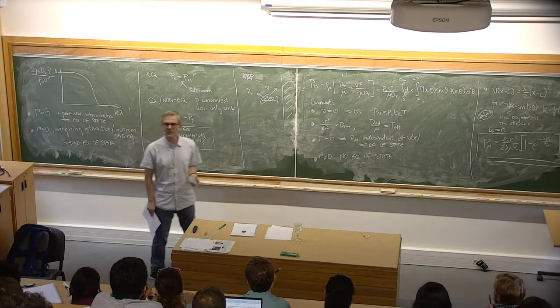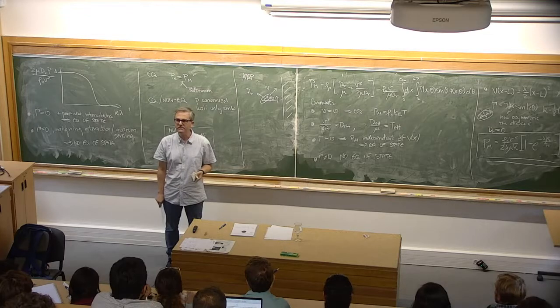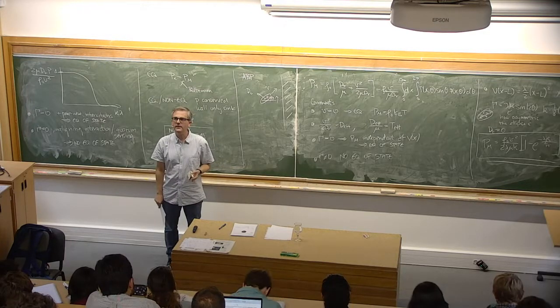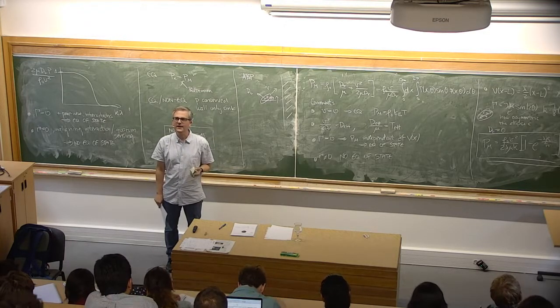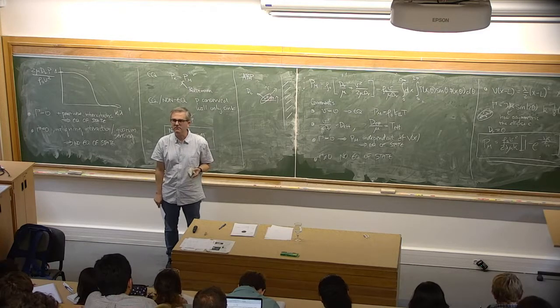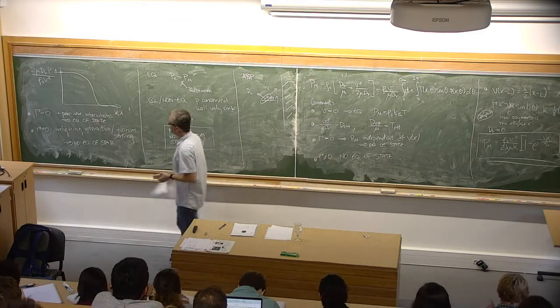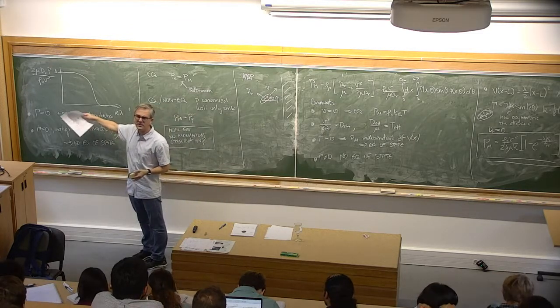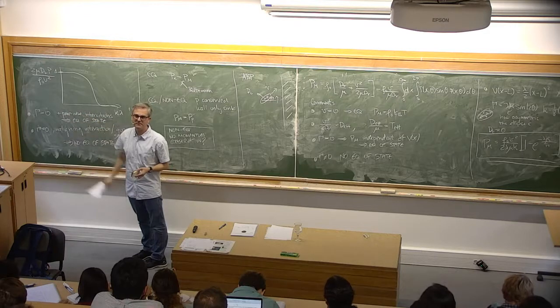Yeah, V of Ri minus Rj. Yes. Thank you. But not with a potential V of Ri minus Rj.